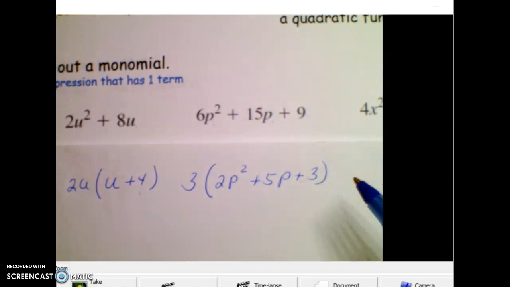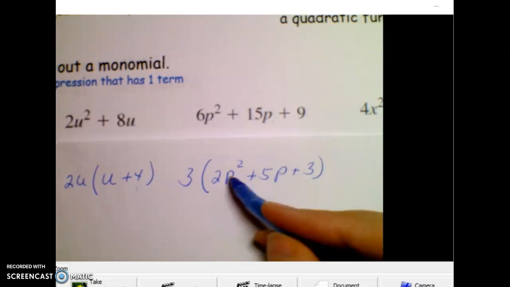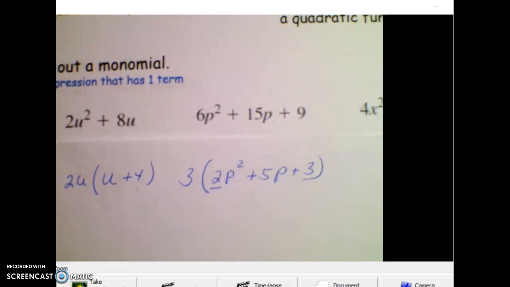You don't know if you can or not, so let's test it out. I'm going to take my 2 and my 3, my first and my last, and I multiply them together, and I'm looking for factors of 6. So my factors of 6 are 1 and 6, and 2 and 3. And I want those to add up to 5. And nice, right there, they do. They add up to 5. So I'm going to use 2 and 3.